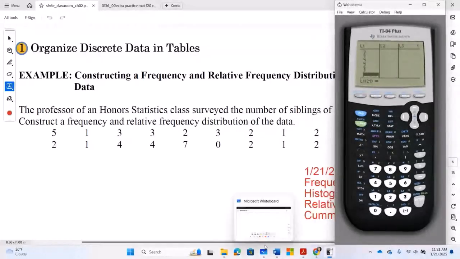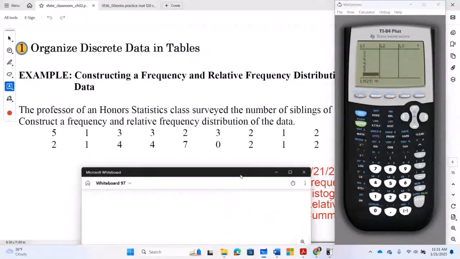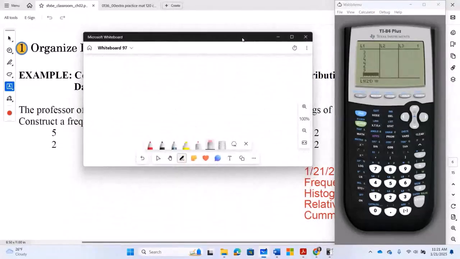I can quickly find the range by hand. The range is the maximum number minus the minimum number, so 7 minus 0, which is 7.